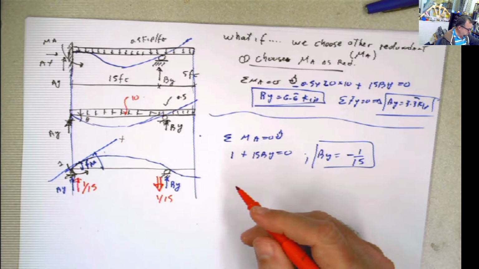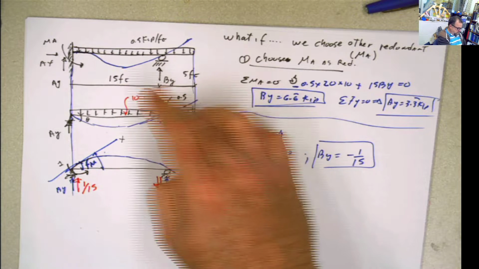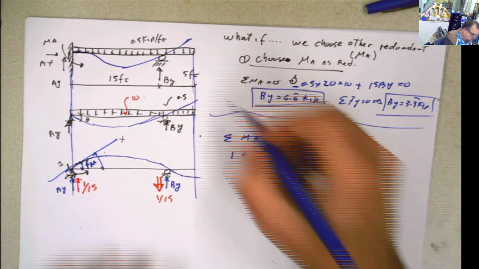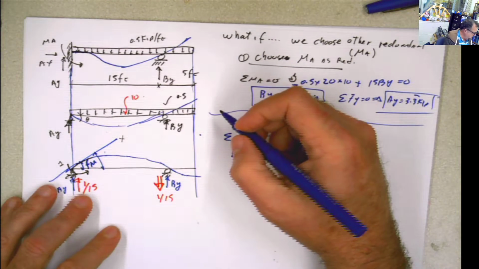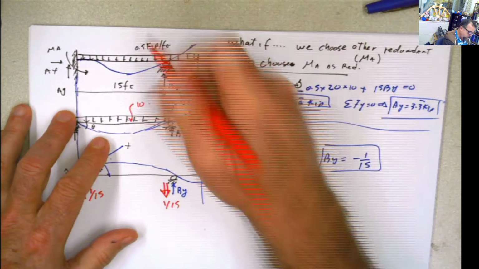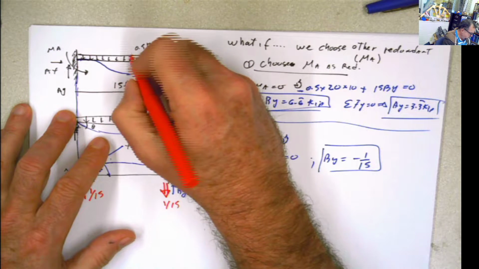We do the deflection of the primary structure, the deflection of this structure here. In this case, it's not the deflection, it's the deformation. Remember, this is what we are doing, deformation of the structure. So let's do that. Last time we used section 1 and section 2.